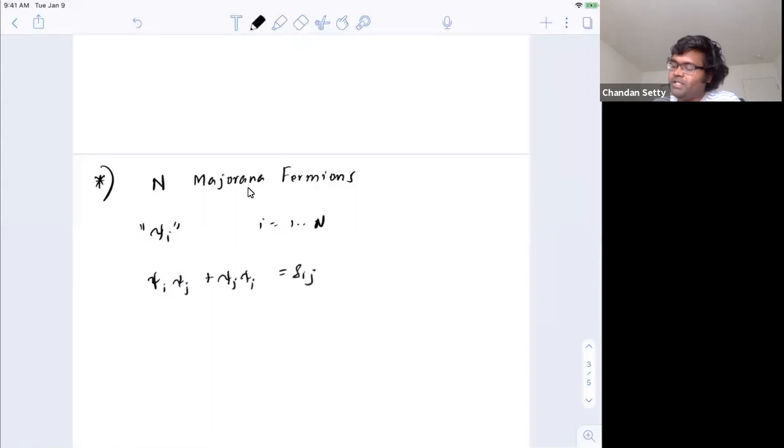And each of these matrices is L by L, where L equals 2 to the power N/2, which is the dimensionality of the Hilbert space.